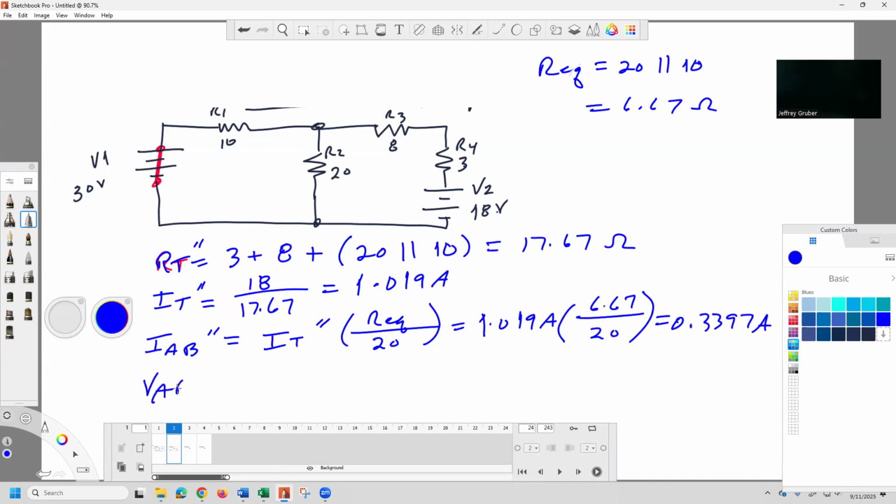So VAB double prime is IAB double prime times R2, 0.3397 amps times 20 is 6.793 volts.